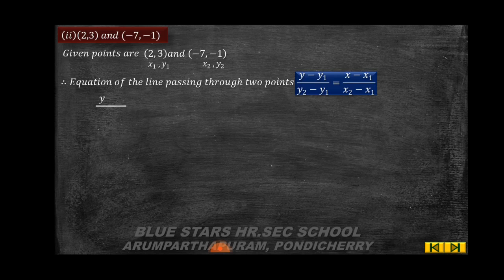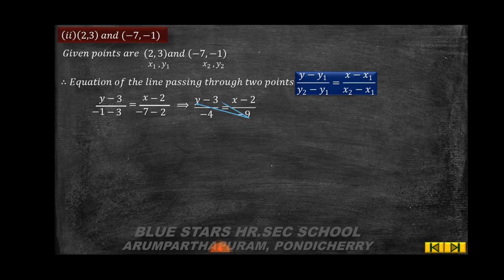We get y minus y1 value 3 divided by y2 value minus 1 minus 3, which is equal to x minus x1 value 2 divided by x2 value minus 7 minus 2, which implies y minus 3 divided by minus 4 is equal to x minus 2 divided by minus 9.